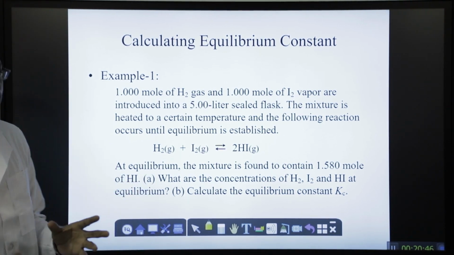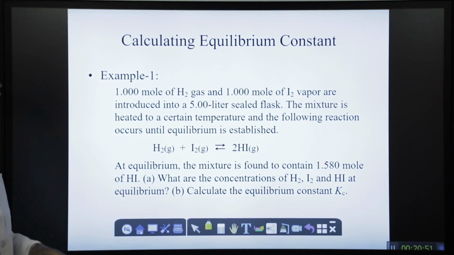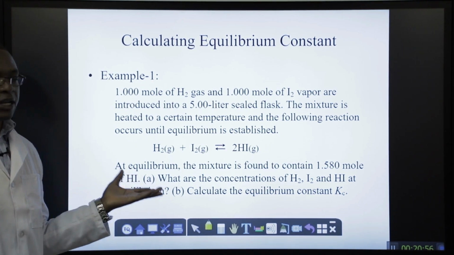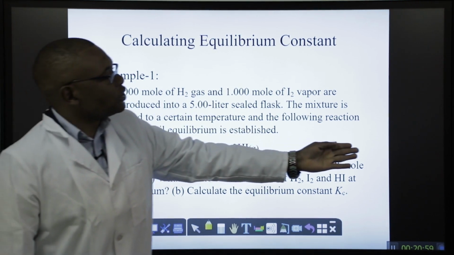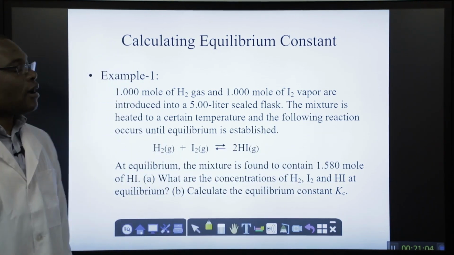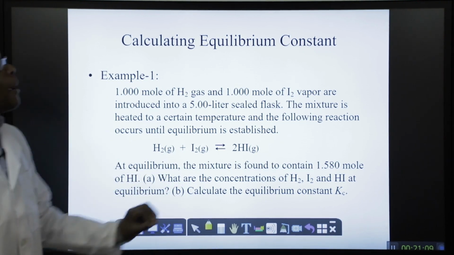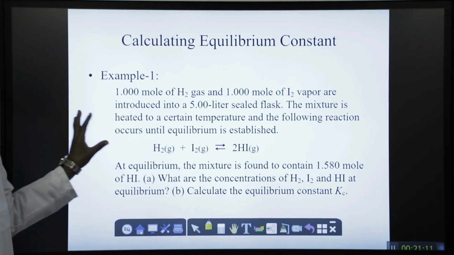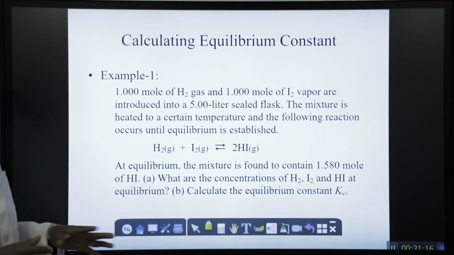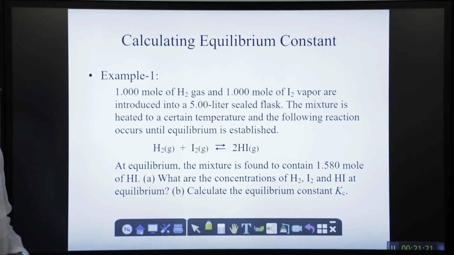It is very important for you just to follow the step-by-step application of the interpretation of the data you have, given the background I've just illustrated of how you relate materials as they are reacting, account for their changes in concentrations during the forward and the reverse reaction, bring them into an expression for equilibrium, that is Kc. Everything else will fall in place as you simply substitute quantities which you have.